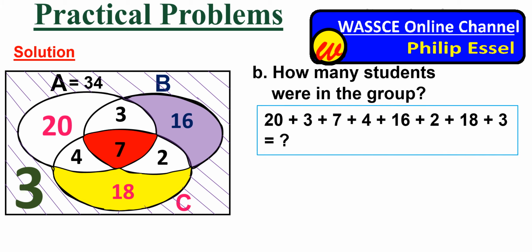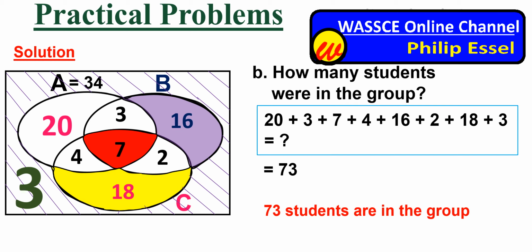So we have 20 plus 3 plus 7 plus 4 plus 16 plus 2 plus 18 plus 3. So that will be equals to what? That would give us 73. Therefore 73 students are in the group.